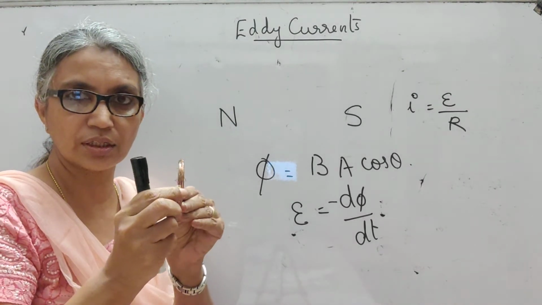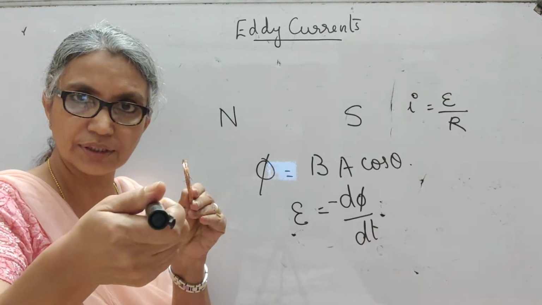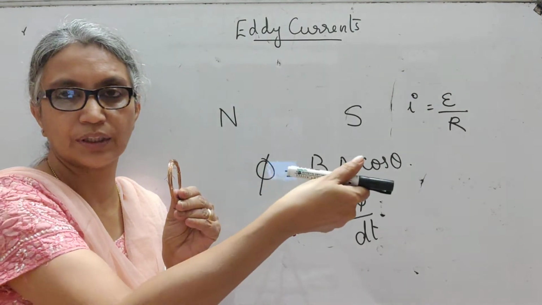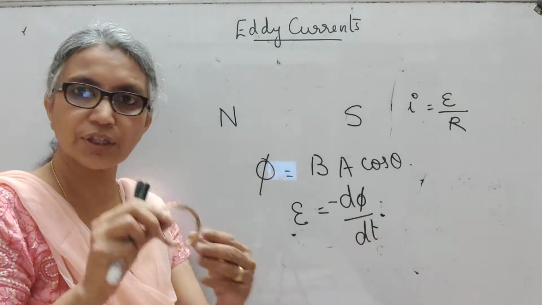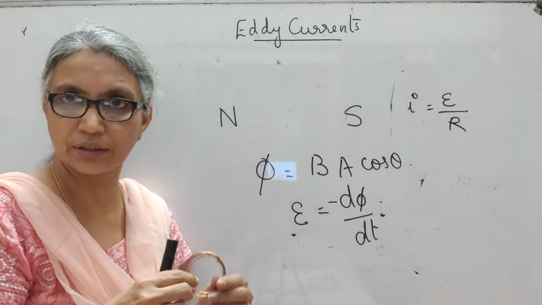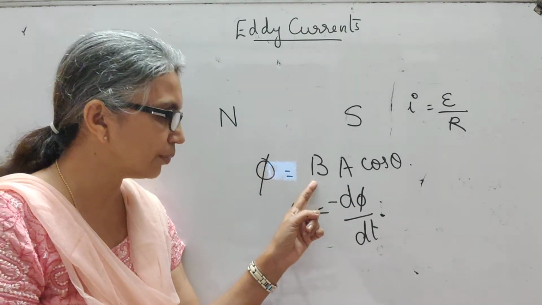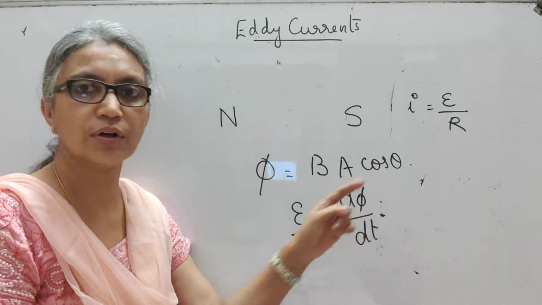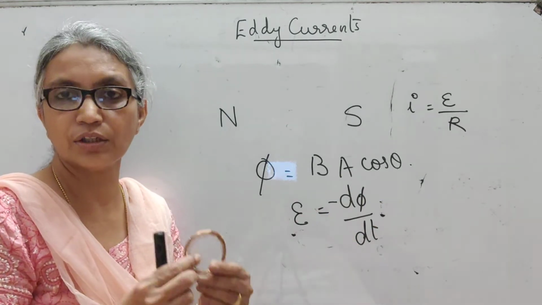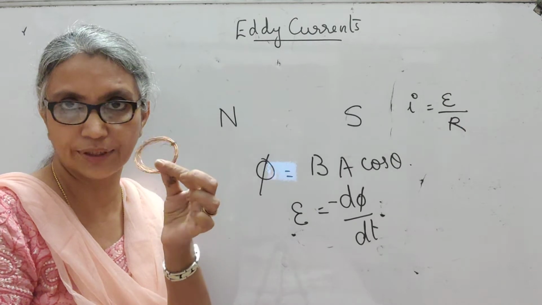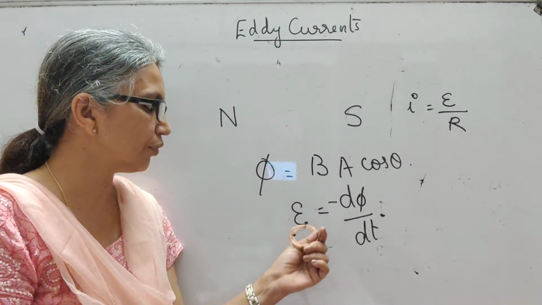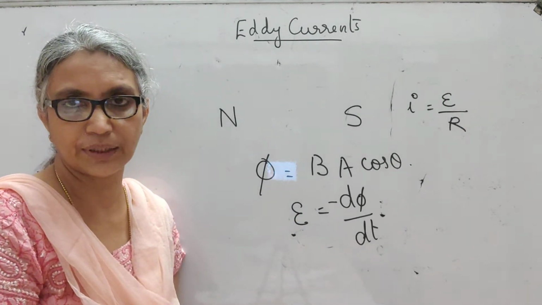If you start rotating the coil, the magnetic field is still like this, but the area vector will keep changing. So theta can be changed by simply rotating the coil in the magnetic field. So by changing either the magnetic field, the area of the coil, or theta, you may induce a current in this coil, and that is given by E equal to minus d phi by dt.